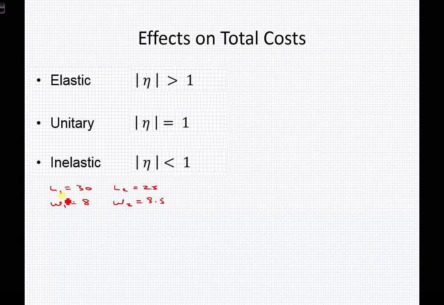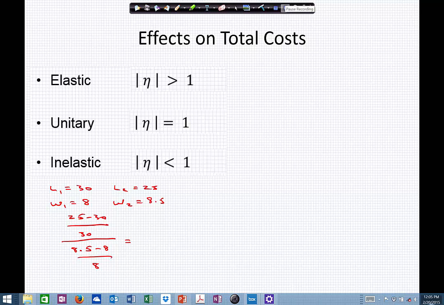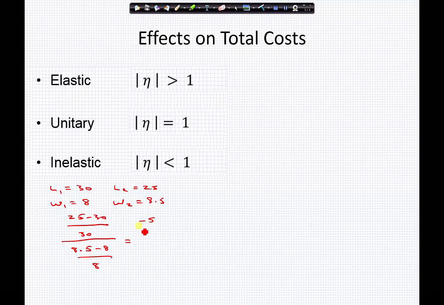So what will these changes yield for us using the simple equation? Well, let's run that equation. 25 minus 30 divided by 30, and that will be over 8.5 minus 8 divided by 8, which will then equal negative 5 divided by 30 divided by 0.5 divided by 8.